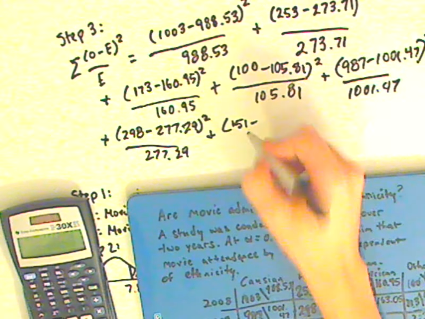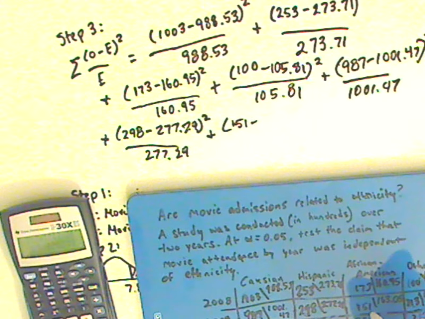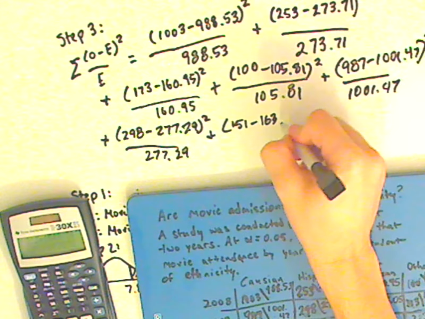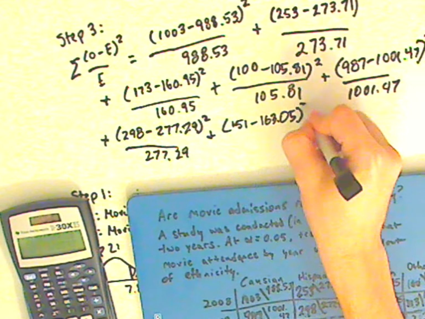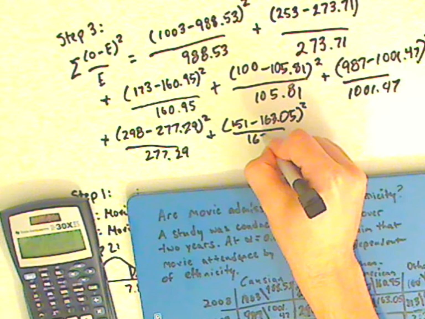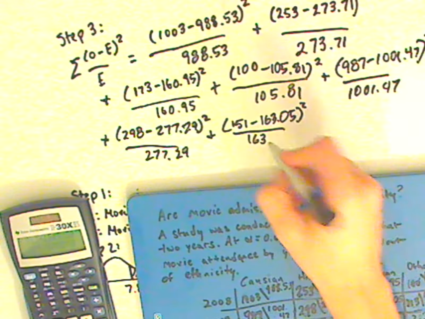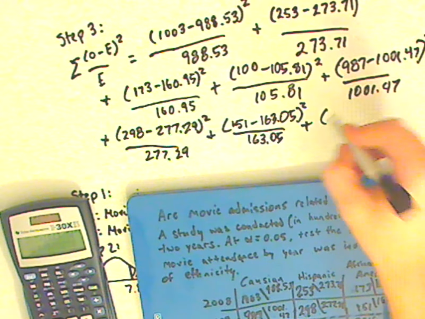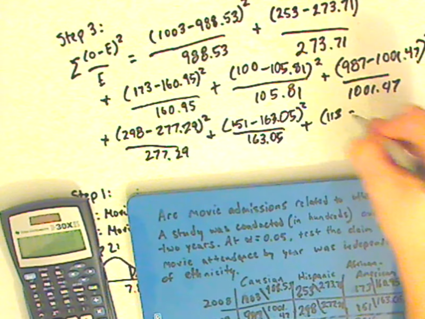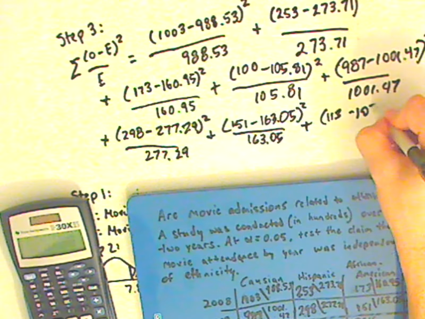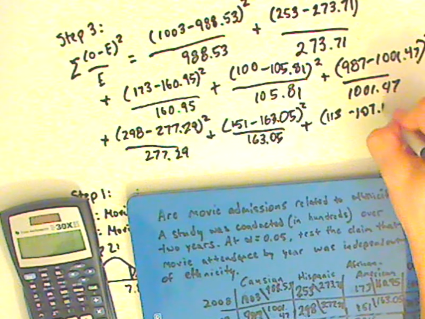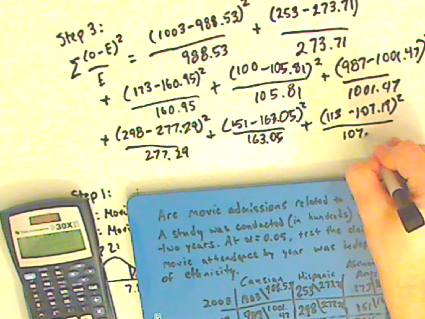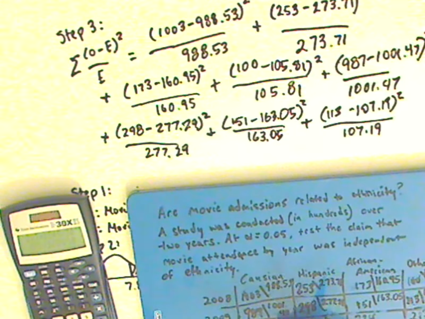151 minus the expected for African Americans in 2009, which was 163.05, squared over 163.05 plus 113 minus the expected, which is 107.19, squared over 107.19.